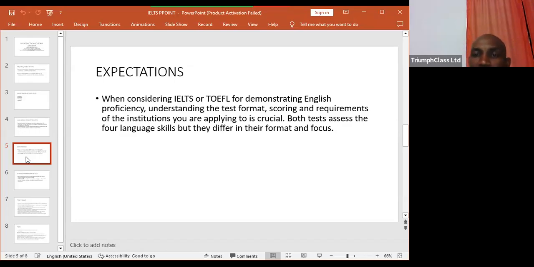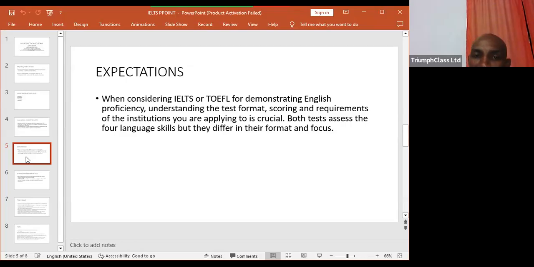Both of these tests assess the four language skills, that is speaking, reading, listening, and writing. But the way they test these skills is what differs in their format and focus. We shall look at how TOEFL is tested and how IELTS is tested.